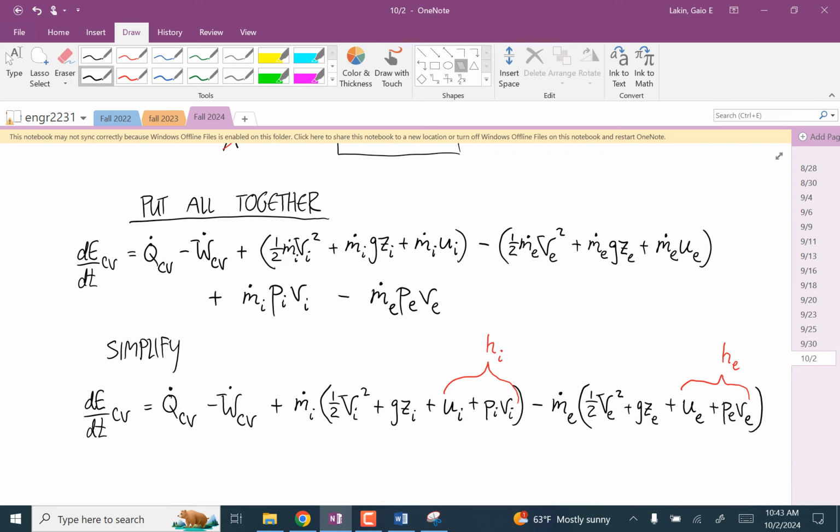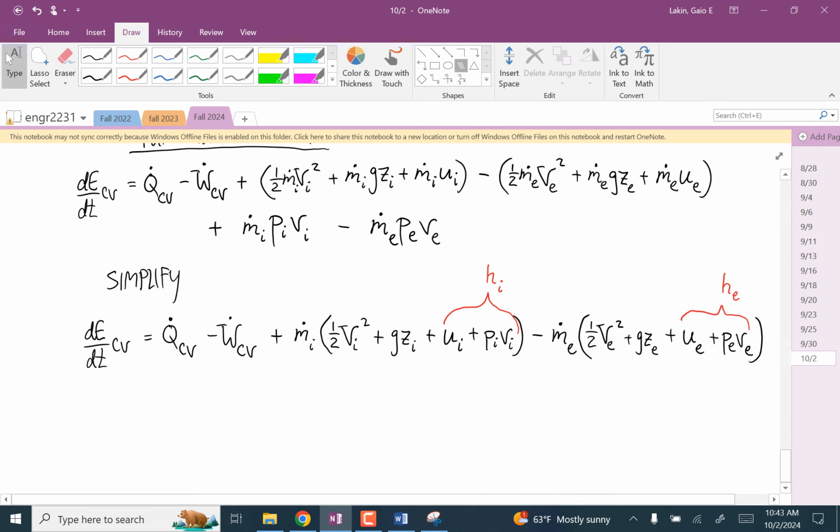And so I'm going to rewrite it one more time in the form that we're going to use. So dE/dt for the control volume is equal to Q-dot CV minus W-dot CV plus m-dot inlet times the quantity. I'm just going to rearrange this.